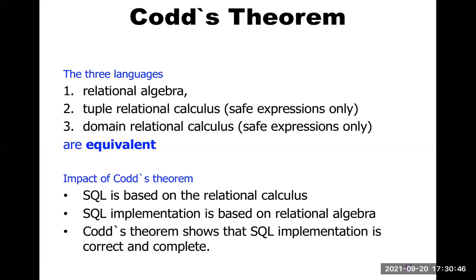It's possible to translate there and back again. So that's one of the main impacts of the theorem. Relational algebra and relational calculus have the same expressive power. And so everything that's expressed in one of the languages may be expressed in the other.